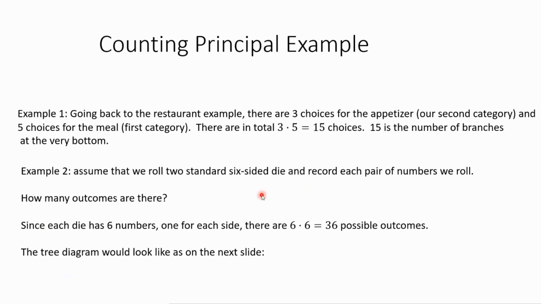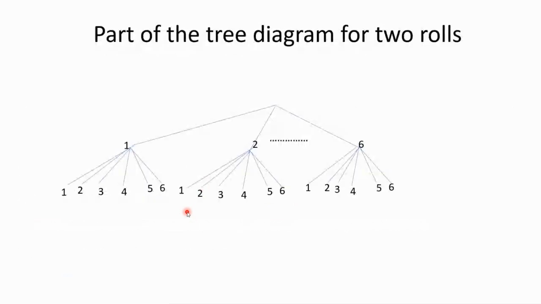So one category would be the first roll, or the first die. The other category would be the second die, or the second roll. So by the counting principle, there would be 6 times 6, which is 36 possible outcomes, if you're rolling 2 standard 6-sided dice. And you could draw the tree, actually.